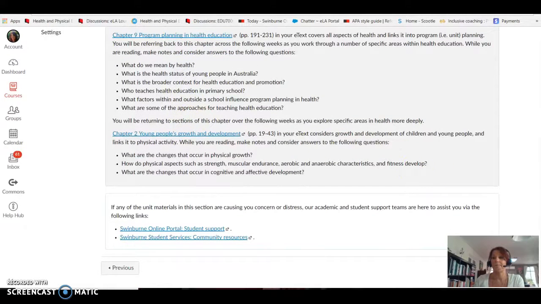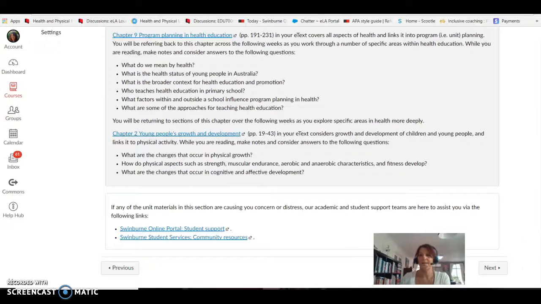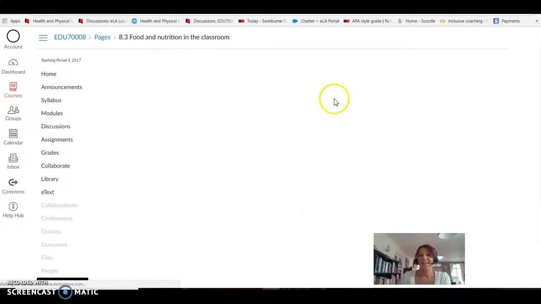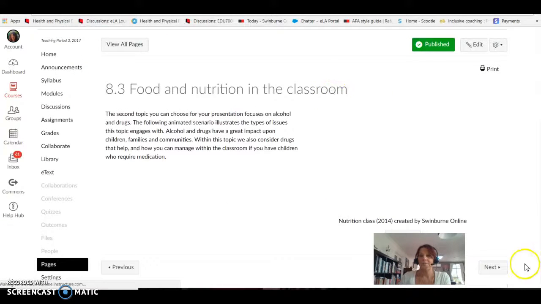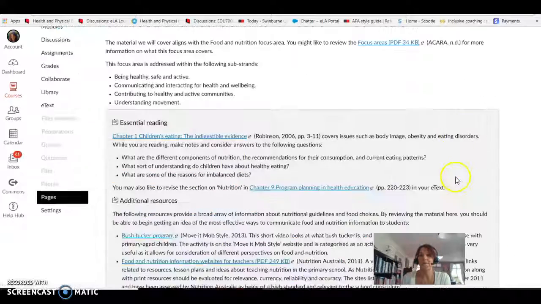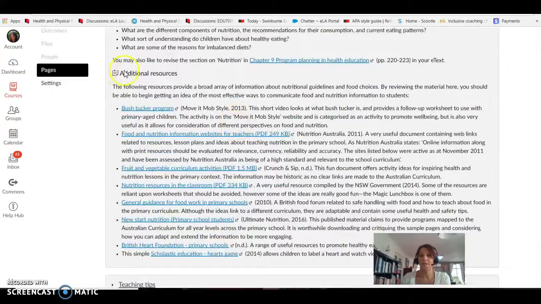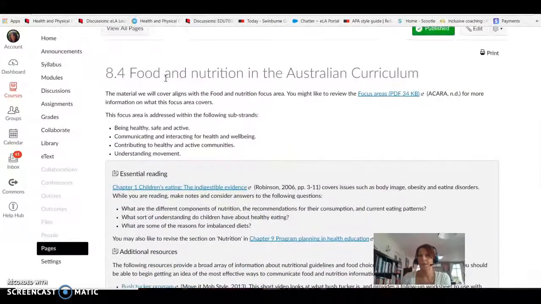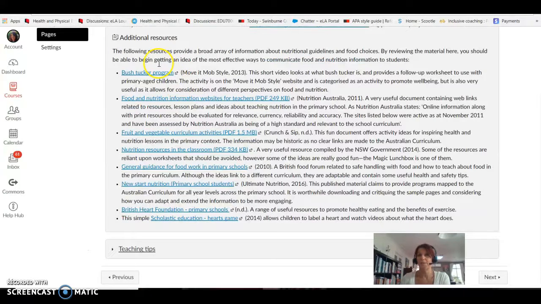And I have to move myself so I can get to the next tab. As you go through these modules, you'll see that there are heaps and heaps of really fantastic resources, so additional resources. So if you're doing a topic on food and nutrition, for example, you can see that there's all these fantastic resources here for you.